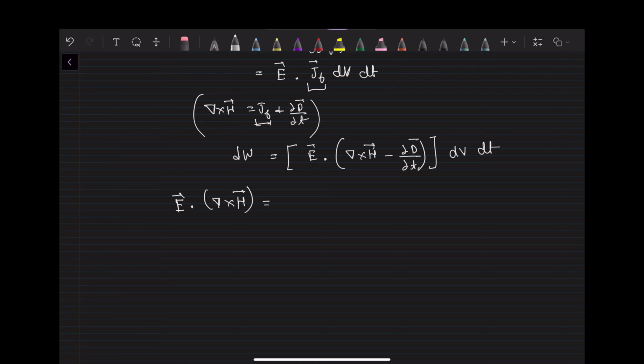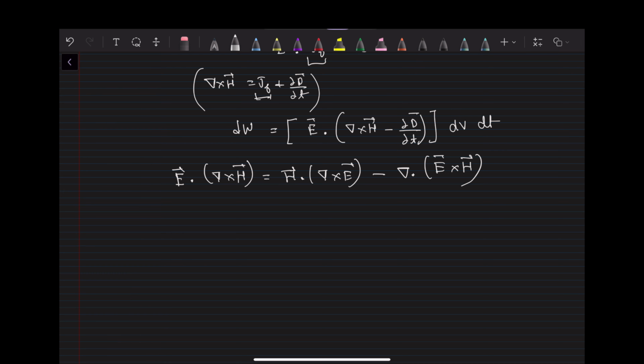I think we have already done this type of vector algebra, right? This identity is very common. Everything is scalar because there are dot products everywhere.